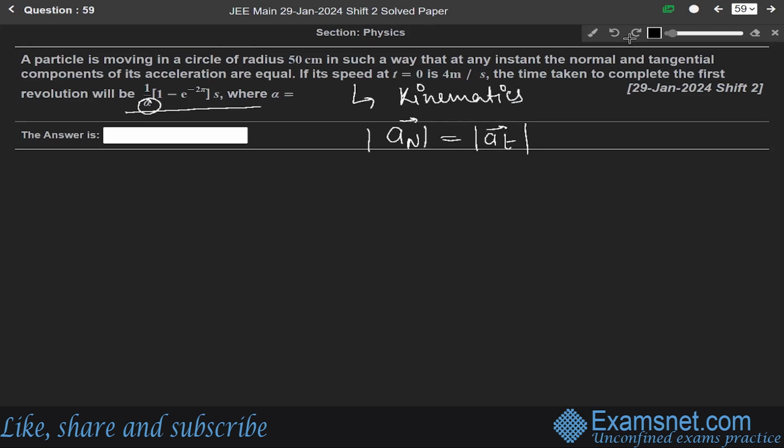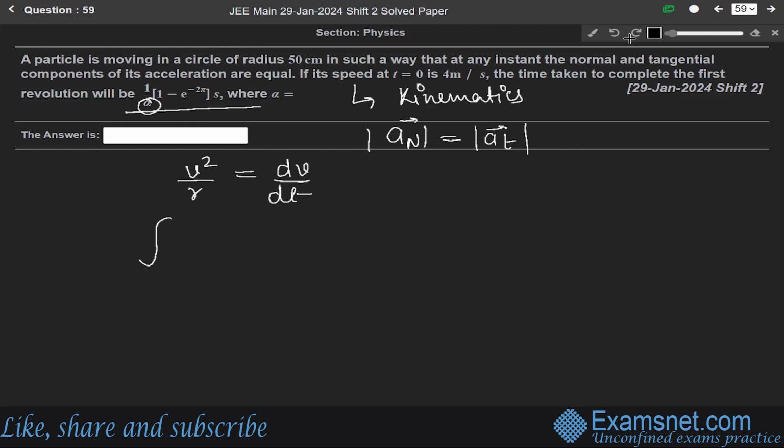According to this question, the normal acceleration and tangential acceleration are equal. So normal acceleration is what? V square over R, and tangential acceleration is dV over dt.